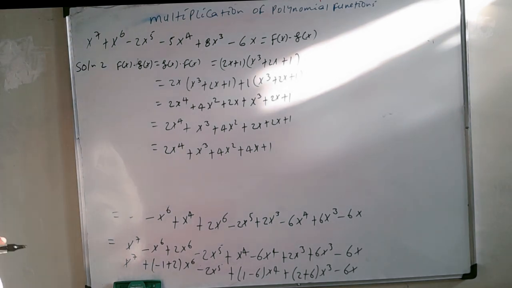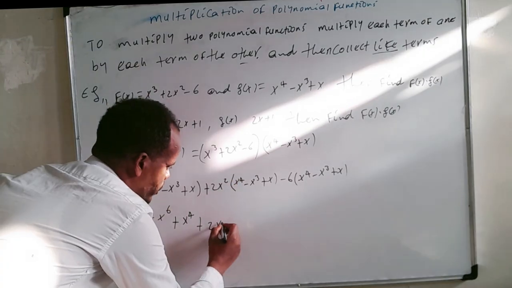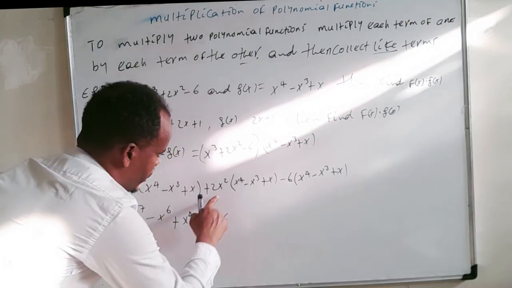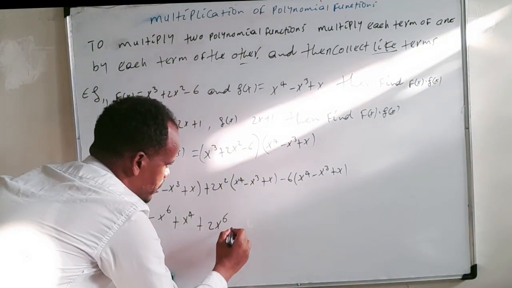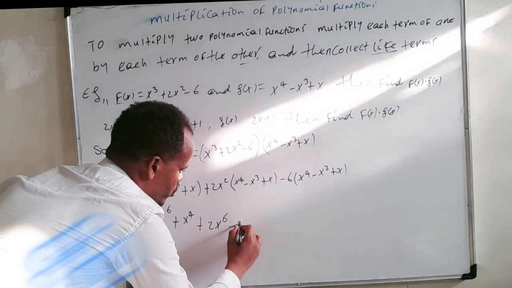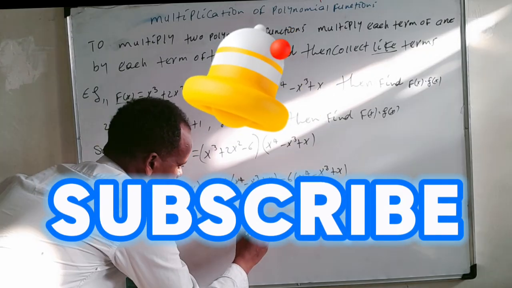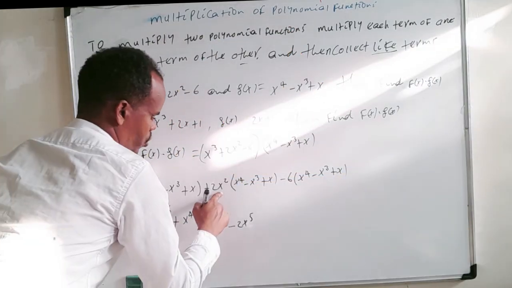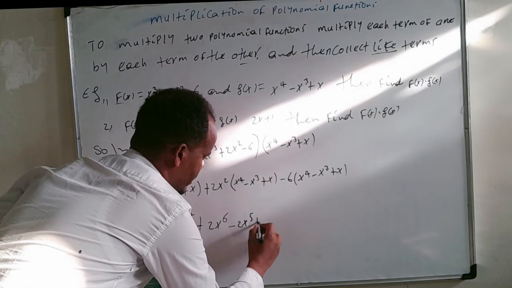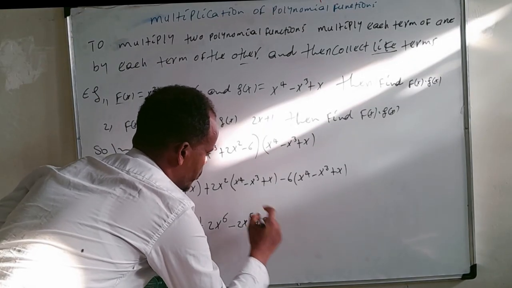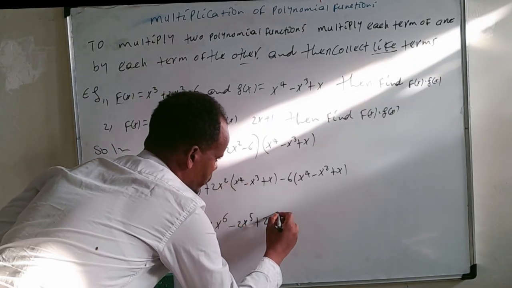So we can say that it is a polynomial function, which is x, then add the exponents, which is 6. And here is x to the power of 2 times minus x to the power of 3, which means minus 2x to the power of 5. 2x to the power of 2 times x means plus 2x to the power of 2 plus 1, that is 3.